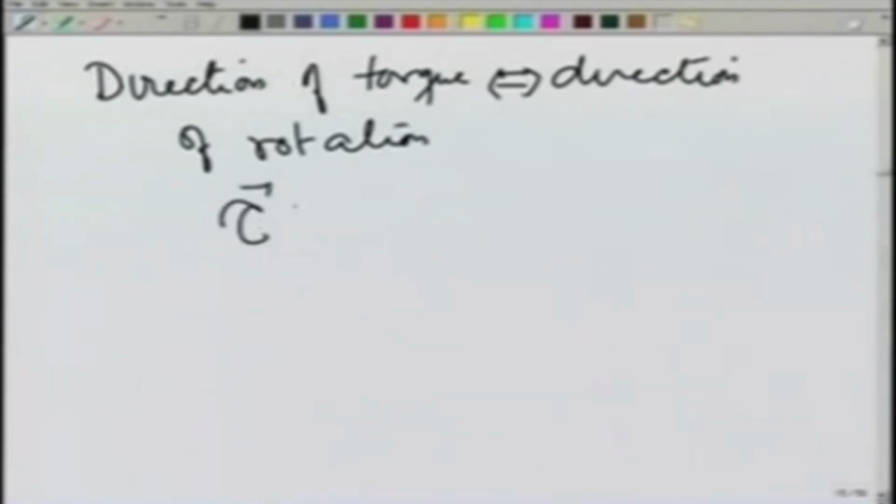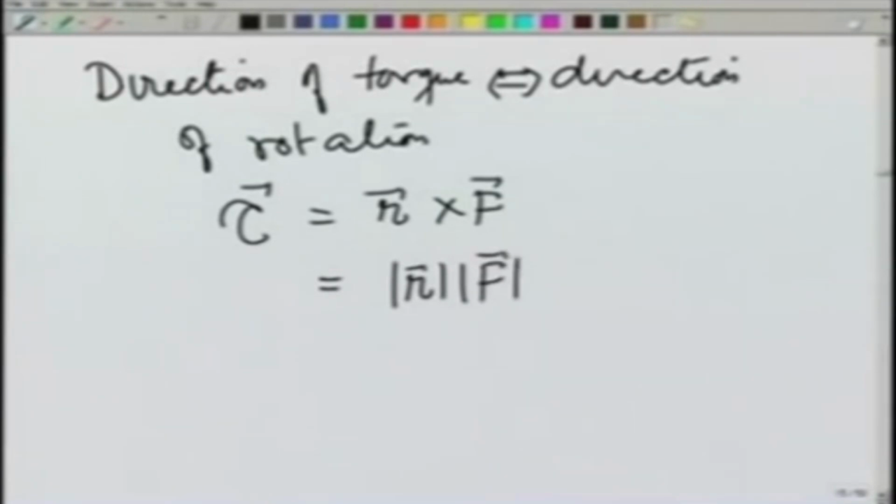So, if torque is given by r cross f, it is going to be equal to magnitude of r, magnitude of f, sine of theta n, where n is the vector that is given by this thumb when r is turned towards f through the smaller angle. The tendency of rotation is also the same.